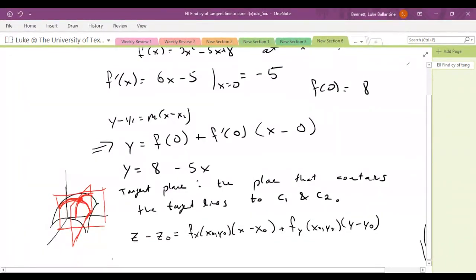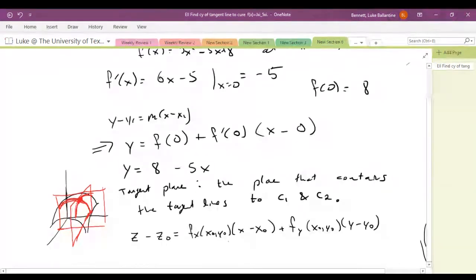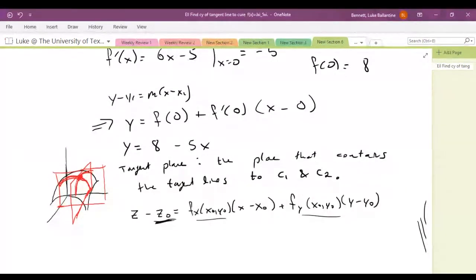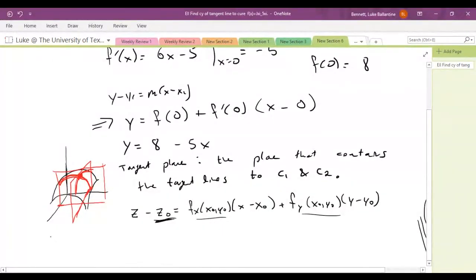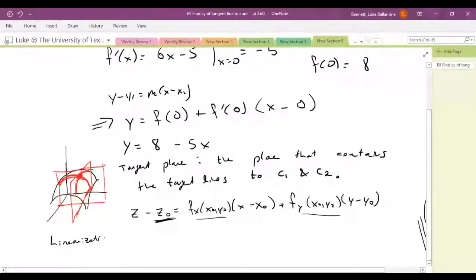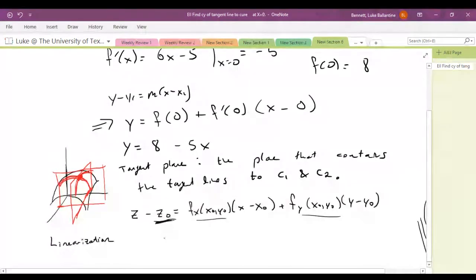So we just take the partial derivatives, we evaluate them at the specific point. This is the function value of the surface at the point, and you just plug it in. Now I'm also going to talk about linear approximation. The linearization, how the book gives it, of a function of two variables will be given by L of x y equals, drum roll, it's the exact same thing.